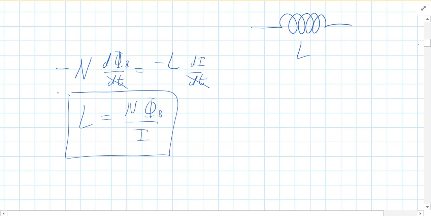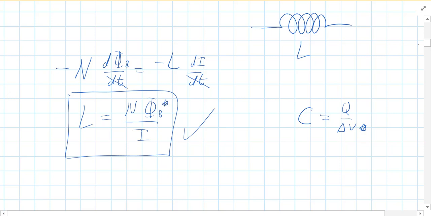Just like with capacitance, you might recall, capacitance is Q over delta V, and in the delta V there was a Q as well, and the Q always canceled. In other words, capacitance only depended on the geometry of the object storing that separation of charge. The same thing is true for inductance.